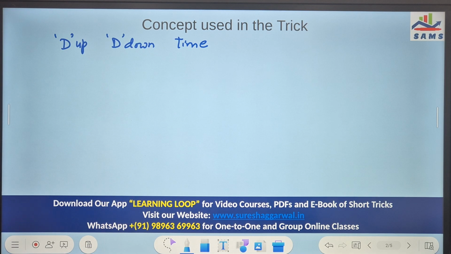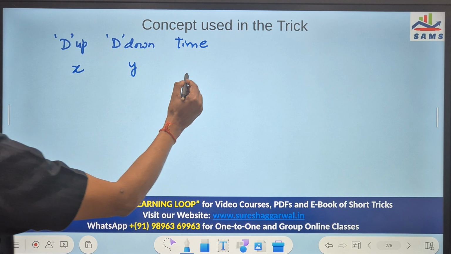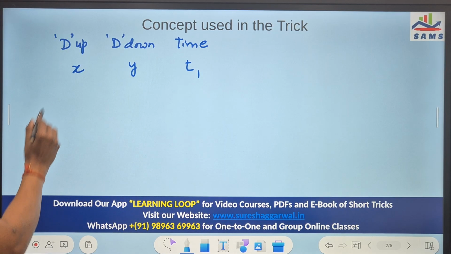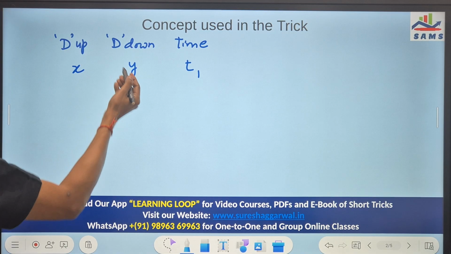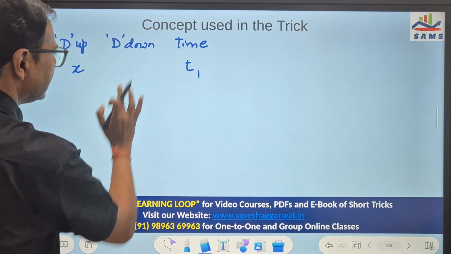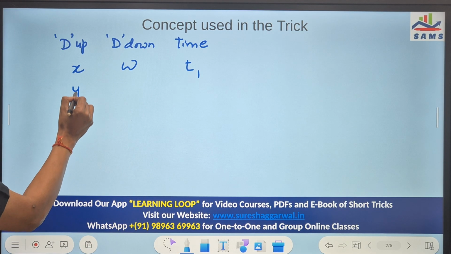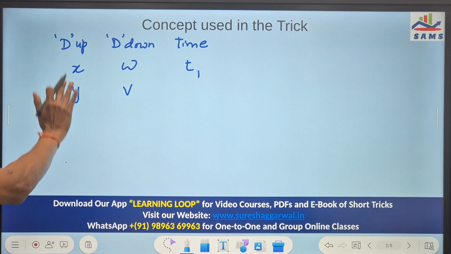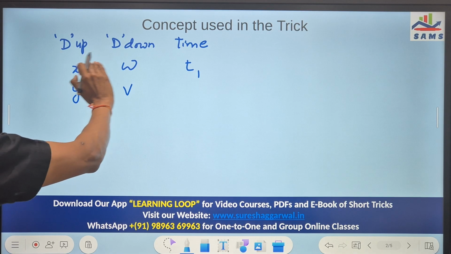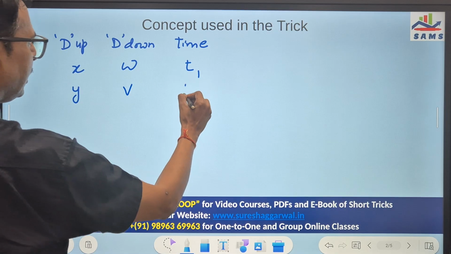If I call the distance upstream x and this y and the time taken t1, and similarly, y has already been taken, so let's represent this as w, and v here. So x, y, and w and v are the distances upstream and distances downstream. For covering the first two, the time is t1, and for covering the other two, the time is t2.